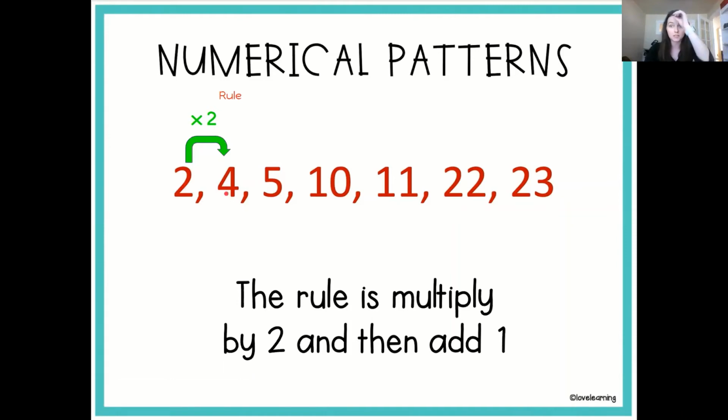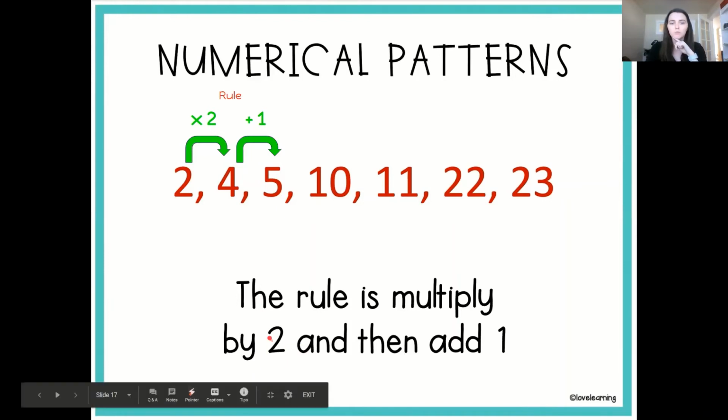That was the first thing I saw after I read the numbers out loud. And then 4 plus 1 is 5. So we've got 2 times 2 is 4 plus 1 is 5. And the rule is to multiply by 2 and then add 1.